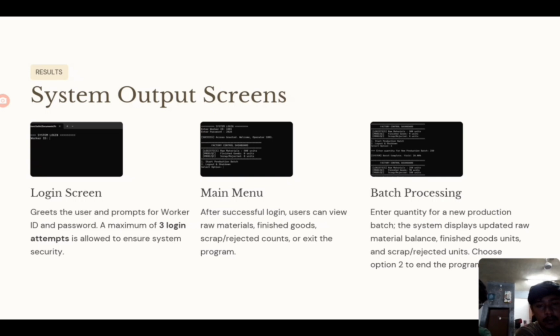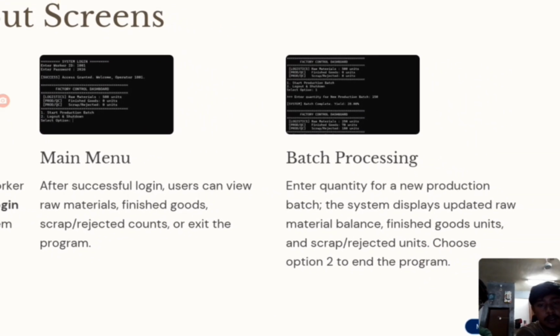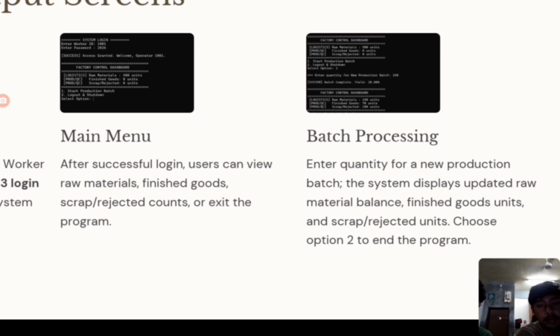Then for batch processing, enter the quantity for a new production batch. The system displays the updated raw material balance, finished good units and scrap or reject units. Then choose option 2 to end the program.